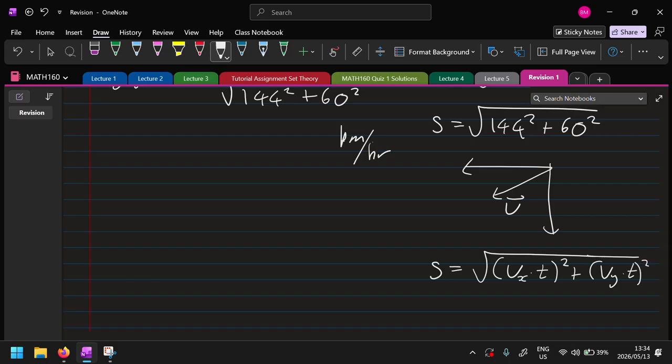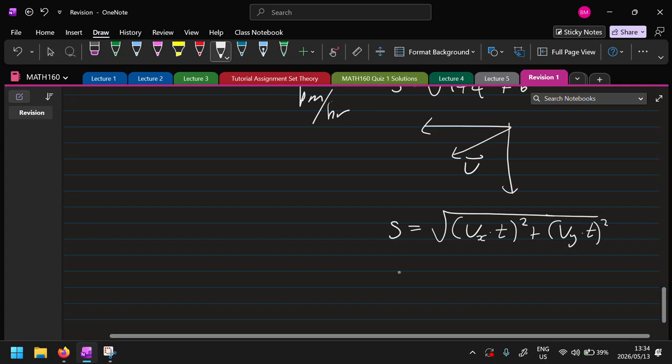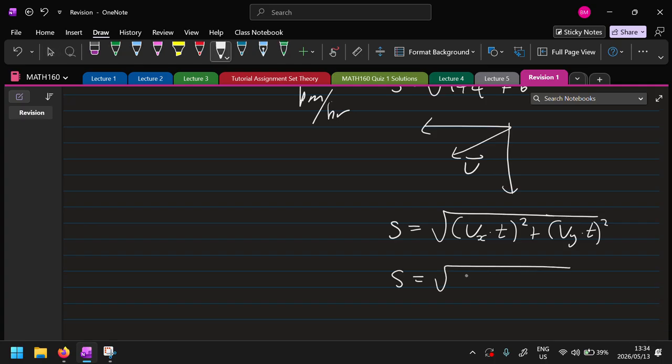Right? So we got the speed in the x direction times the time. That's the distance. And for the other one, it's the speed in the y direction times the time. But here, because it was constant, it's just speed times time. So this can come out. You end up with that. That's how it works.